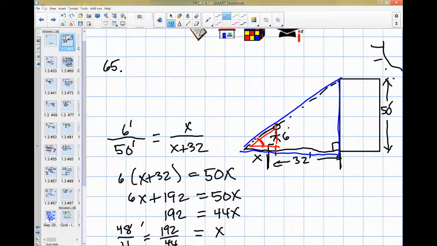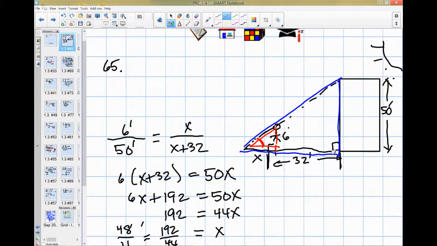So that's how I set this whole thing up. The height of the little triangle, 6, is to the height of the big triangle, 50, as the bottom side of the little triangle, X, is to the bottom side of the big triangle, please note, X plus 32.